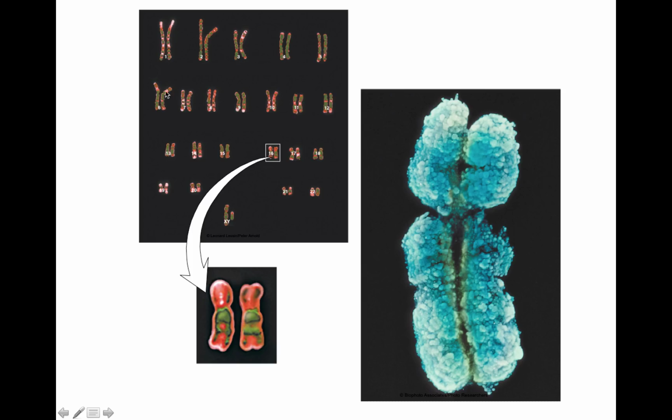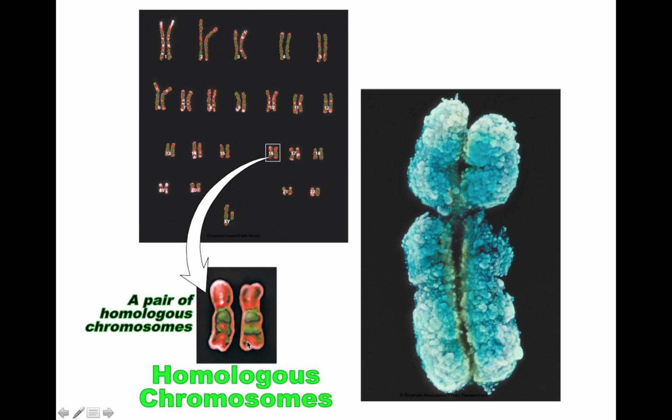This is a human karyotype for an XY individual, genotypically male. If we look at one homologous pair of chromosomes up close, we can see that these two chromosomes are a pair of homologs. Okay. If we look at one of these chromosomes up close, we can notice that at this stage of the cell cycle, the chromosome exists as a set of sister chromatids that are very tightly held together.